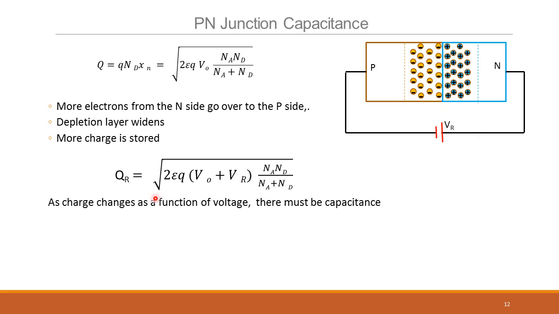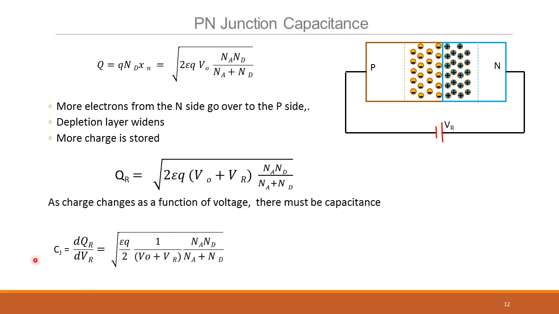As the total charge is changing as a function of the voltage applied, there must be a capacitance. Capacitance is nothing but dQ by dV. The change in charge to the change in potential applied is the capacitance. So in this case, it's dQR by dVR, which then can be calculated to be this.